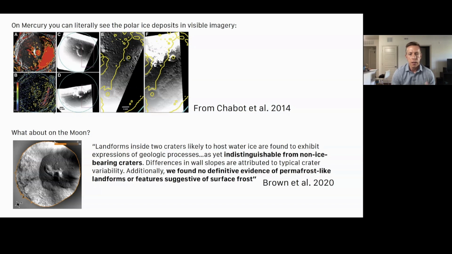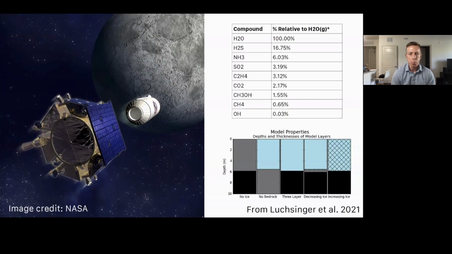They say that landforms inside two craters likely to host water ice are indistinguishable from non-ice bearing craters, and they also found no definitive evidence for permafrost landforms or surface frost. So there seems to be quite a stark difference between ice near the surface at Mercury and at the poles of the moon.